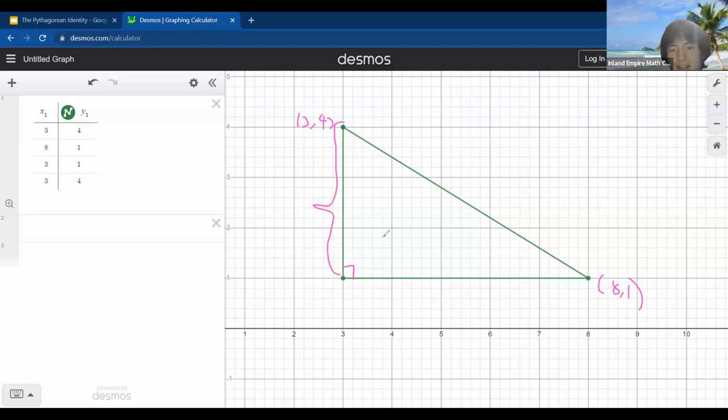We can figure out the lengths of these two. So in particular, let's figure out the vertical side length first. Let's figure out what's the change in y value. Jasper, do you want to give this a try? Do you know what the side length for this triangle is? This side length here.